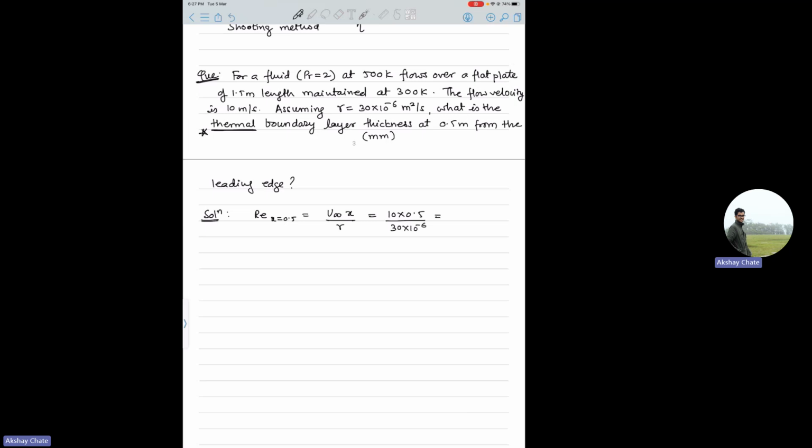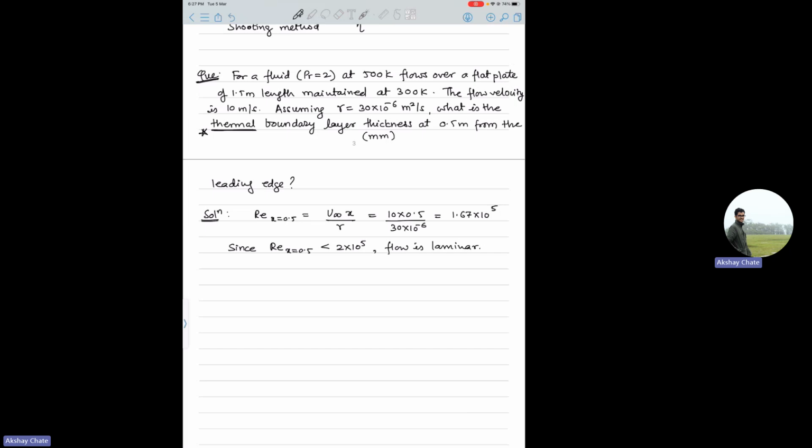If you do the calculation, it's basically 5 by 3, so 1.66 will come, and it is basically 1.67 into 10 to the power 5. So since the Reynolds number at x equal to 0.5 is less than 2 into 10 to the power 5, we assume the flow is laminar.